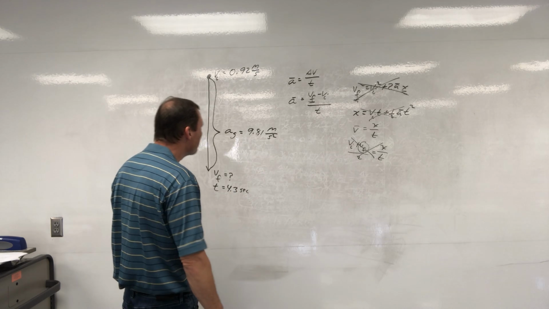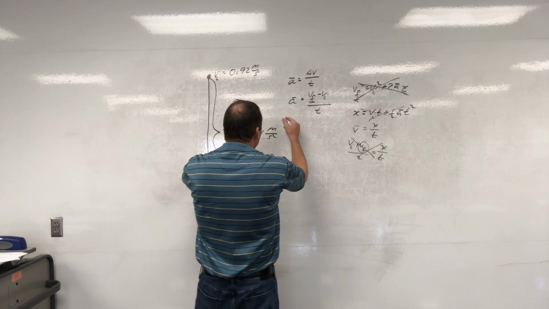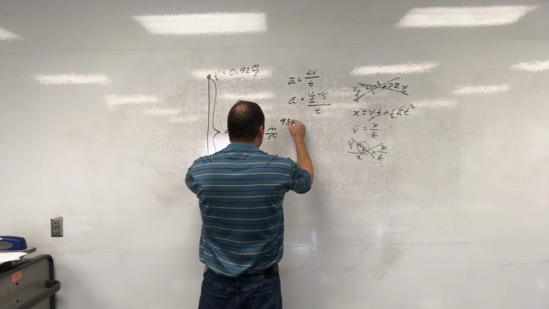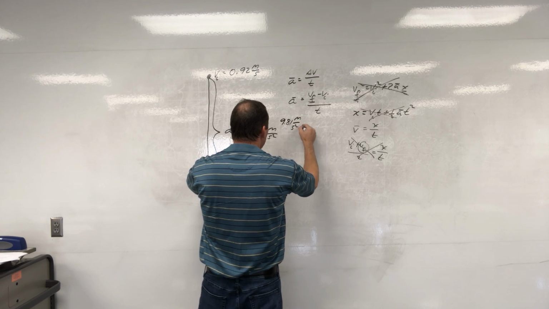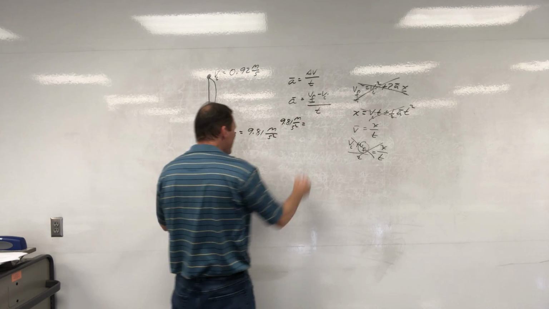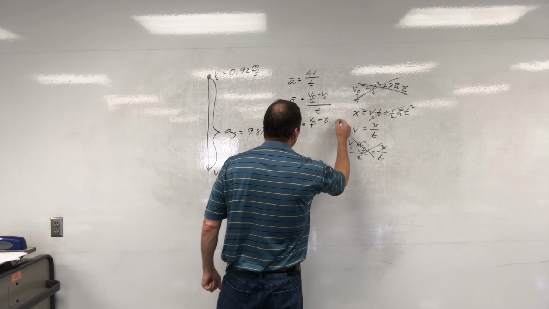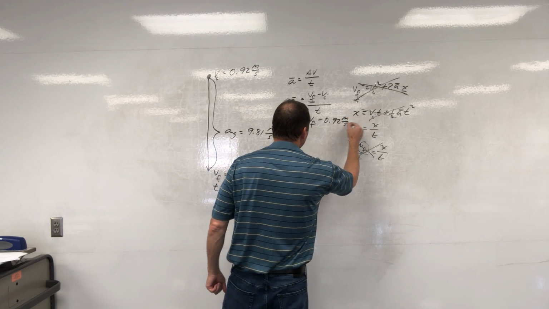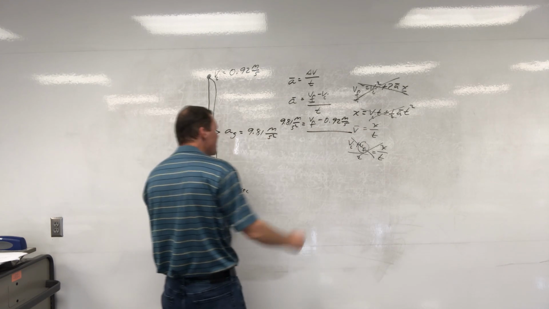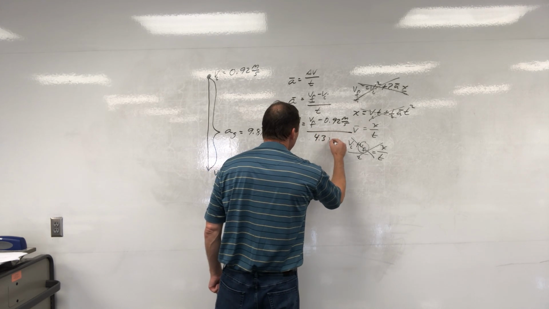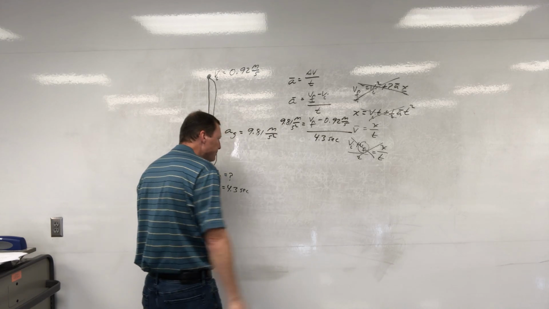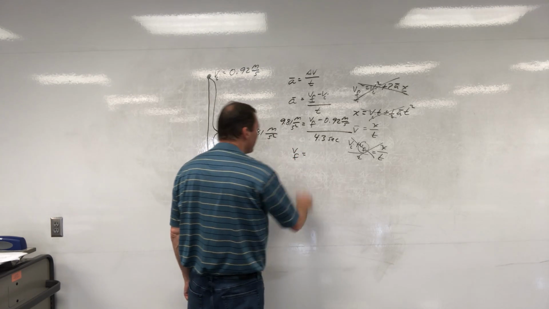All right, let's go ahead and solve this. So, 9.81 meters per second squared. Final velocity, that's what I'm looking for. Initial velocity, 0.92 meters per second, and the time is 4.3 seconds. Final velocity, all right?